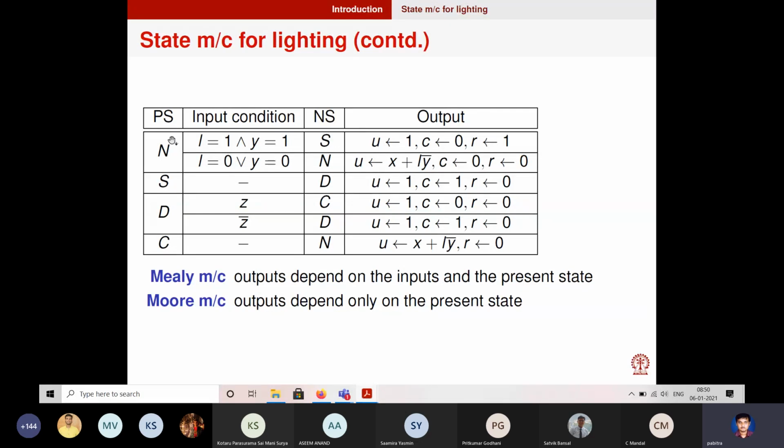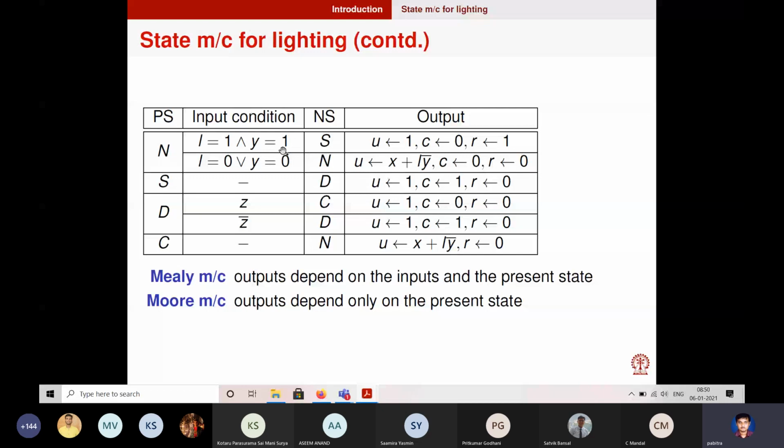If the previous state, which is this PS column, is N, the new state will be S only when the input conditions are L is 1 and Y is 1. Only under this input signal will a normal state go to the startup count state.